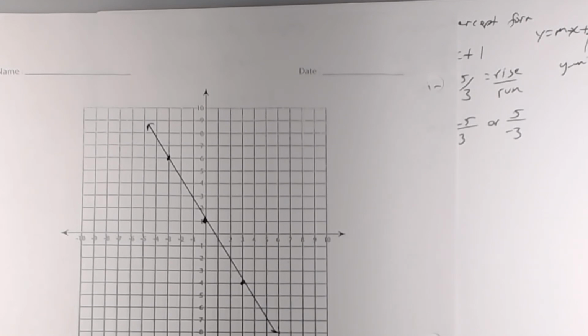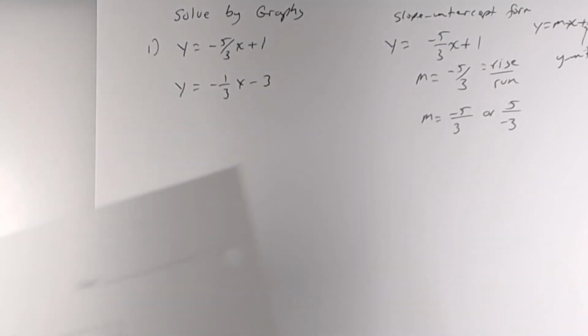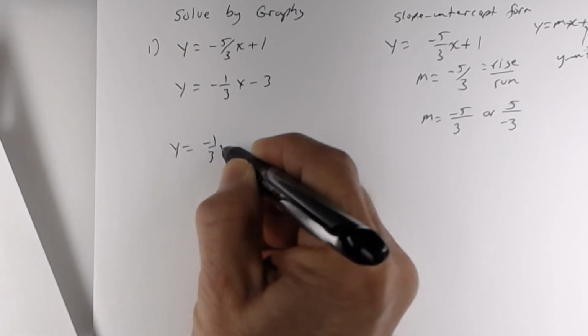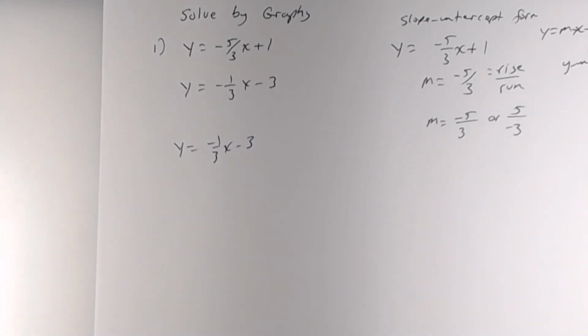Okay, now let's go ahead and graph the other one using the same ideas. So I'm going to go ahead and graph y equals -1/3 x minus 3. So notice that y is by itself. It's always a good idea to get y by itself, because you can easily use the slope and the y-intercept. Now that's assuming you got y by itself correctly.